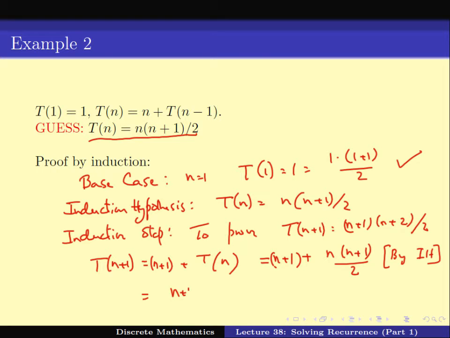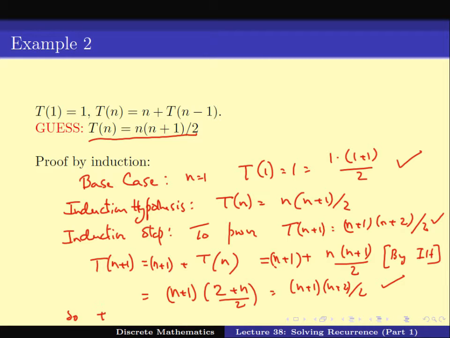So now I can take n plus 1 common. In that case I get 1 plus n by 2. So this is 2 plus n by 2, which is of course n plus 1 into n plus 2 by 2, which is what we had to prove. Right.